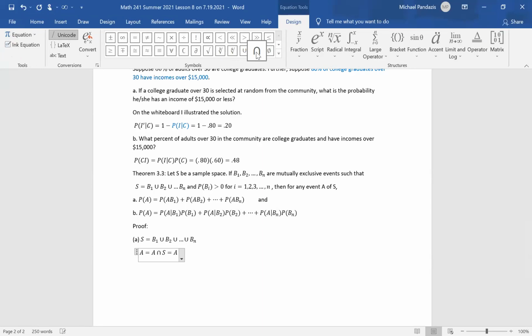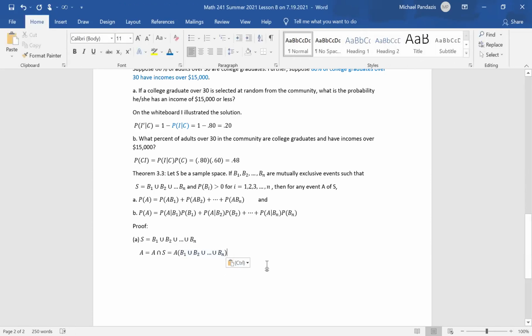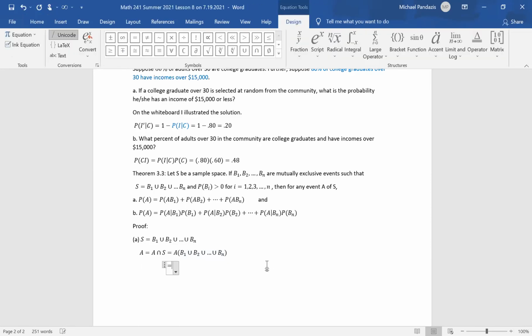And A is then equal to A intersection the union of these events, which is equal to AB1 union AB2 union dot dot dot union ABn.